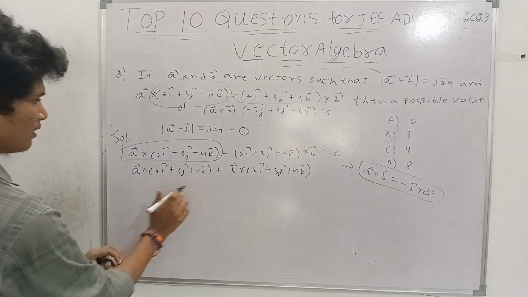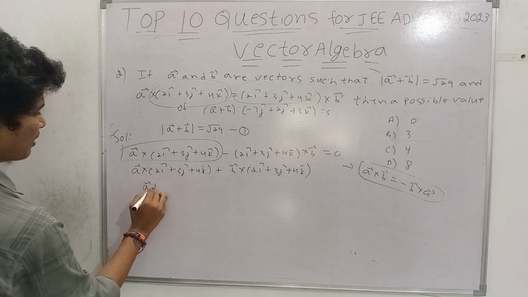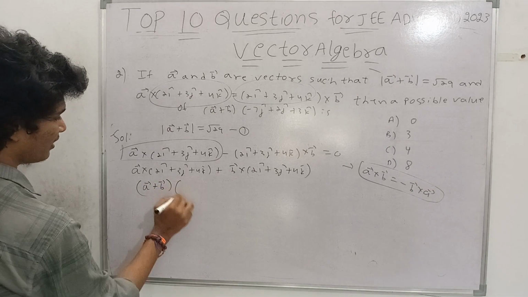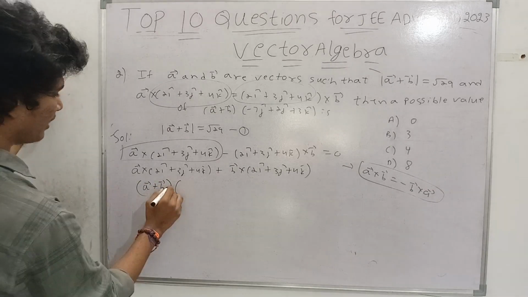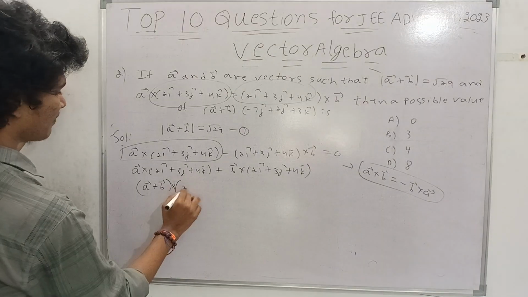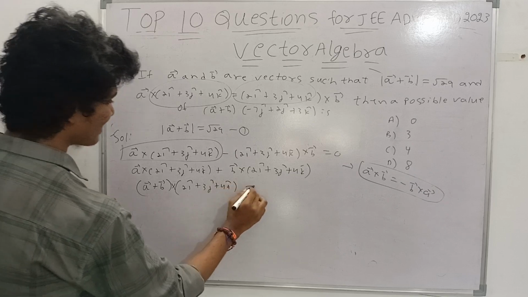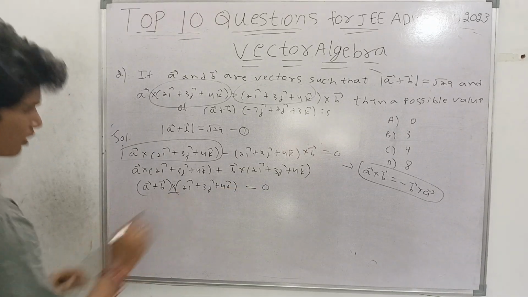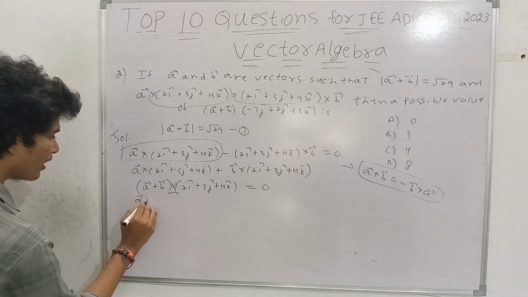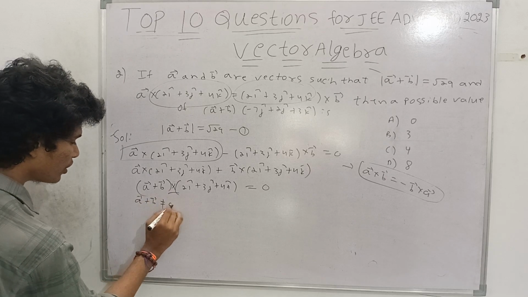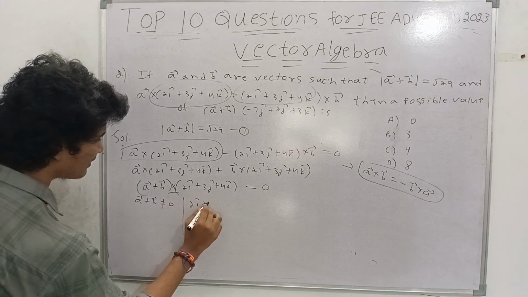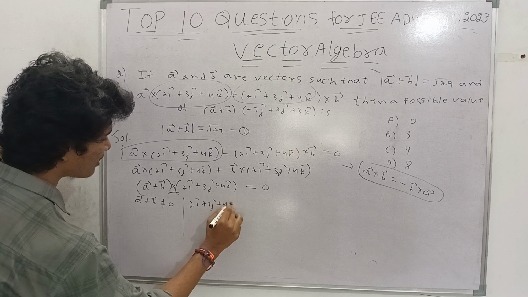Now these two are common. I can take common a bar plus b bar, cross the vector 2i cap plus 3j cap plus 4k cap, and this is equal to 0. This is a cross product, and we also know that a bar plus b bar is not equal to 0, as well as 2i cap plus 3j cap plus 4k cap is not equal to 0.